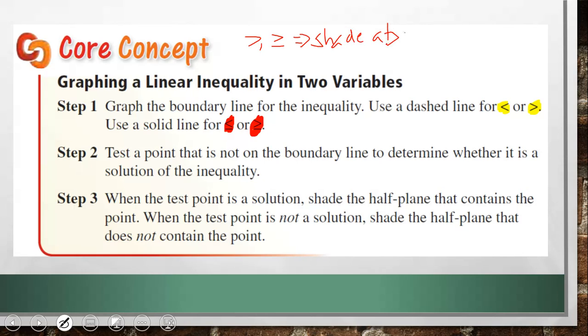The strategy that the notes here are saying, and this is really important, what I'm writing here, is to use a test point, which is perfectly fine. You can use a point and determine if it's a solution. I like to just think of shading above or below. If I have a less than or equal to, I'm going to shade below the line.